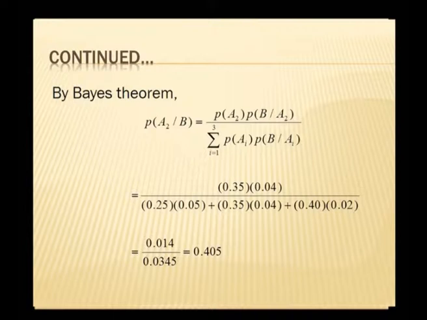By Bayes theorem we can write P of A1 by B as P of A1 into P of B by A1 divided by the summation of P of Ai into P of B by Ai, where i runs from 1 to 3. And if you substitute these probability values, you get the value of the conditional probability P of A1 by B to be 0.3623.